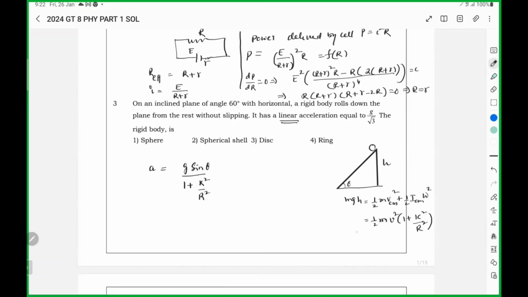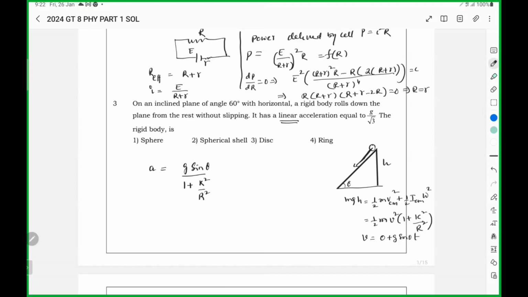From this you get velocity. Since the center of mass is moving in a straight line, v is equal to u plus at.